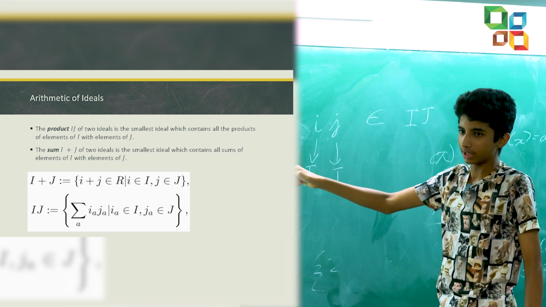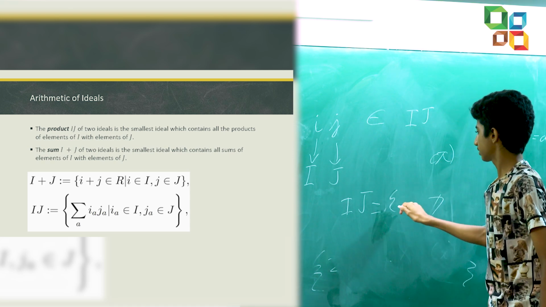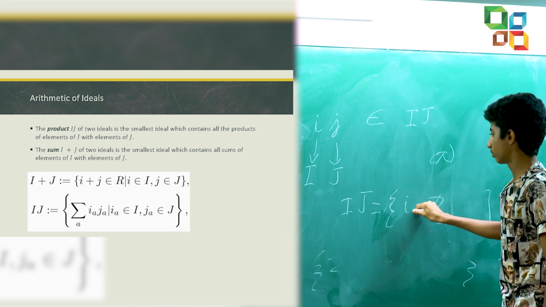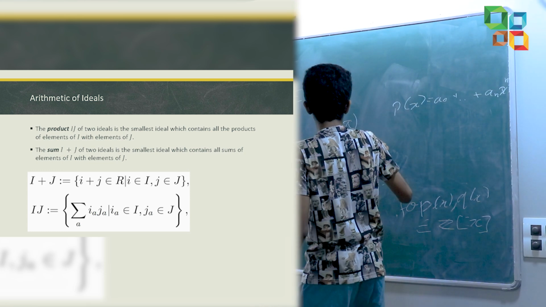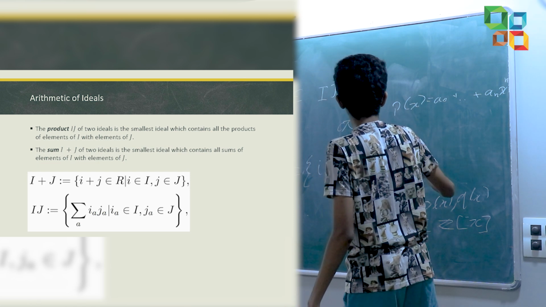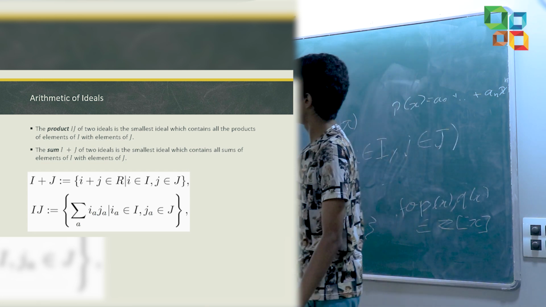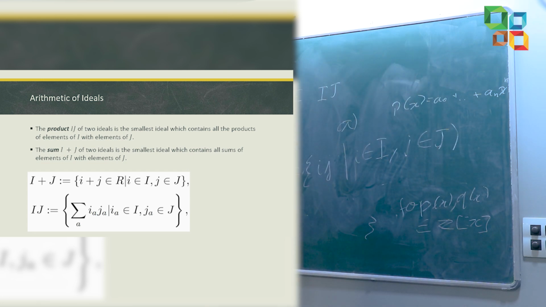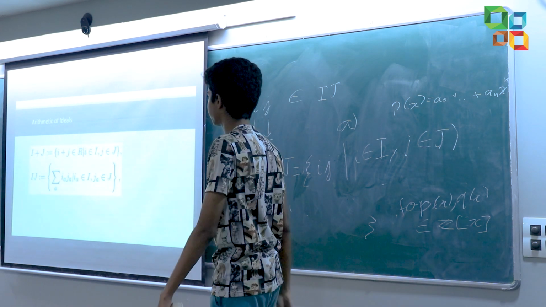But that doesn't mean we can define IJ as the set of i times j where i belongs to I and j belongs to J. I'll explain this in the next slide, but now let's move on to I plus J. I plus J is the sum of two ideals. It's just i plus j. Okay, we'll move on to the next slide.